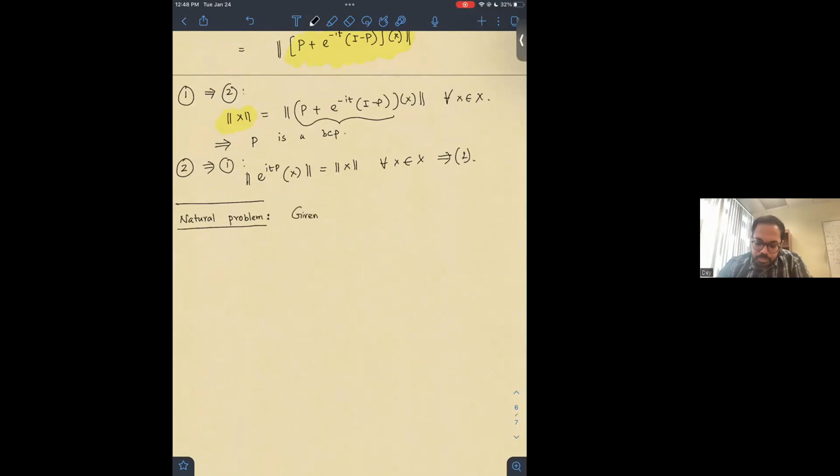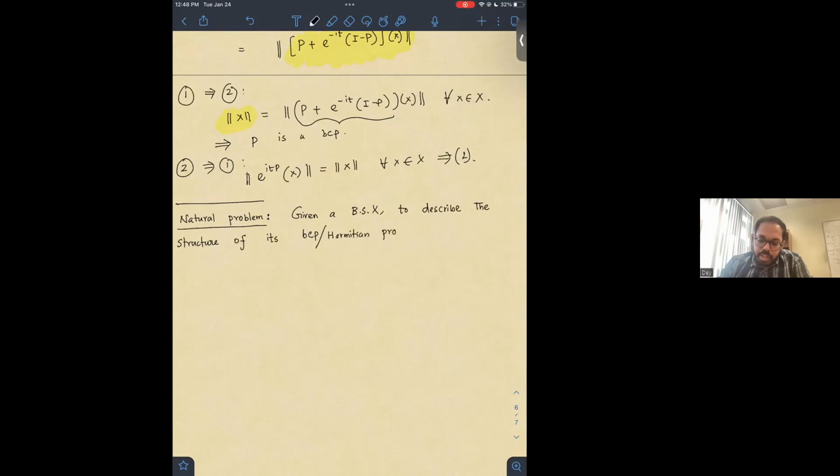Given a Banach space X, describe the structure of its bicircular projections or Hermitian projections, whatever you call them, because they are the same.